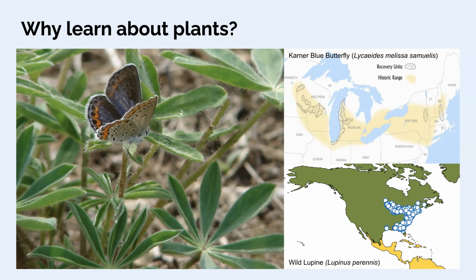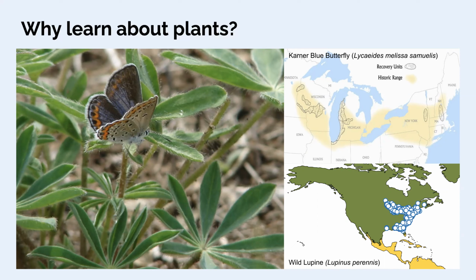Particularly butterflies and other insects can be very specific to kinds of plants that they need to complete their life cycle. So butterflies have larval stages where they have caterpillars that eat quite a bit of plant material. And then they have adult stages where they might be feeding on nectar, maybe from other plant species. So in order for this animal to be alive and healthy and to complete its life cycle, it needs all the pieces to fall into place of its food products.